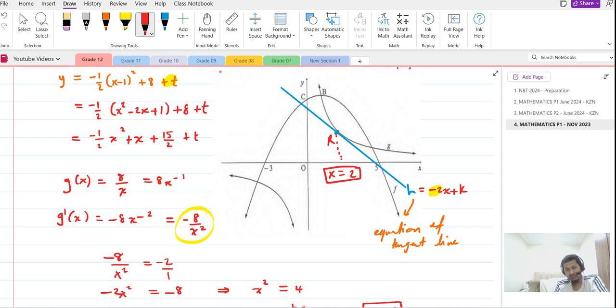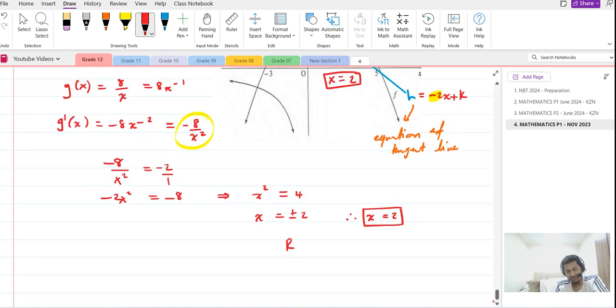It lies on g, and g is 8 over x. So the coordinates of r are 2 and 4. How did we get 4? Y is equal to 8 over x, 8 over 2, which is equal to 4. Right, so now we have r which is 2 and 4.